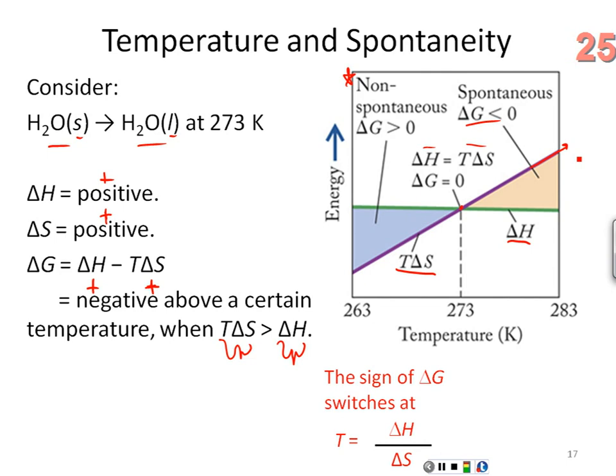And remember from last time, a problem we worked in class, the sign of delta G switches at a point that's equal to delta H divided by delta S. So this is an important equation, important concept to remember, this switching point.